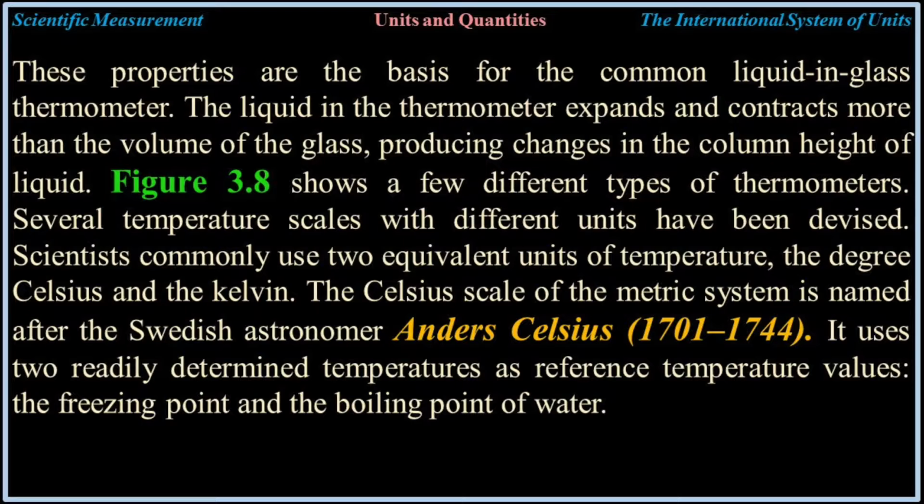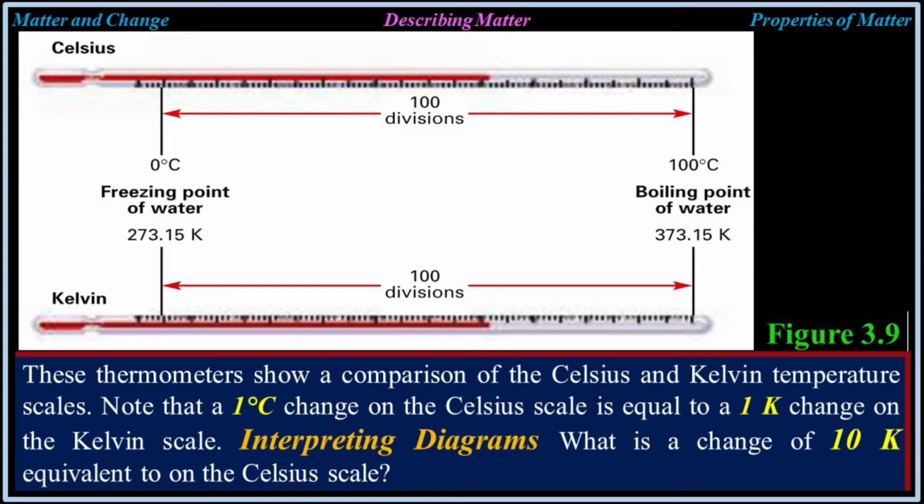It uses two readily determined temperatures as reference temperature values, the freezing point and boiling point of water. These thermometers show a comparison of the Celsius and Kelvin temperature scales. Note that 1 degree Celsius change on the Celsius scale is equal to 1 K change on the Kelvin scale.